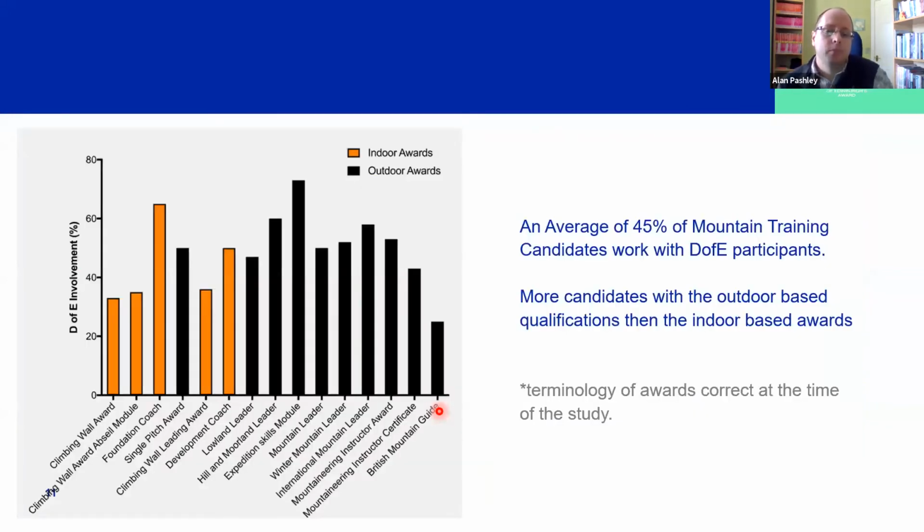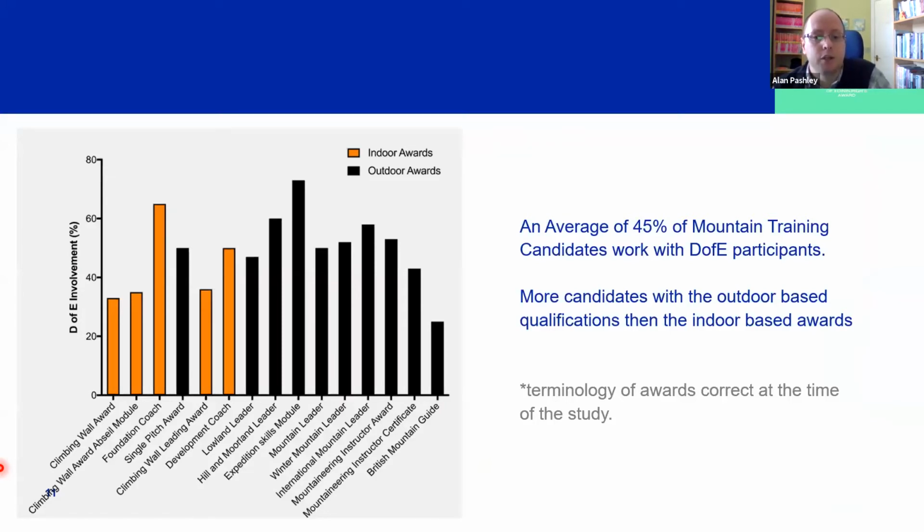This is some statistics that came out from a report commissioned by Mountain Training a few years ago now. So this indicated to us, when asked Mountain Training candidates, there was about 45% of them were working with DofE participants in some way, likely that they were delivering some sort of information and training to those participants, and perhaps also being an assessor.